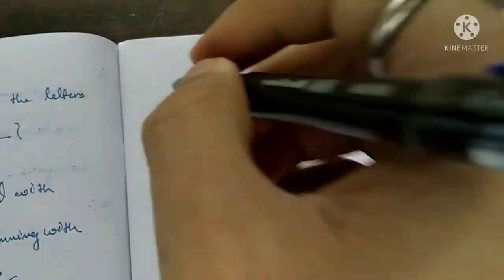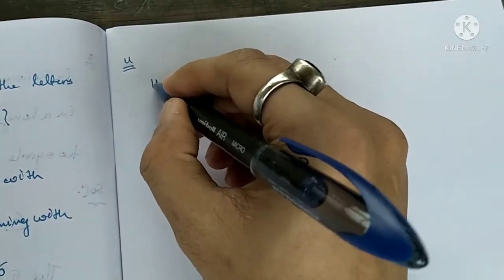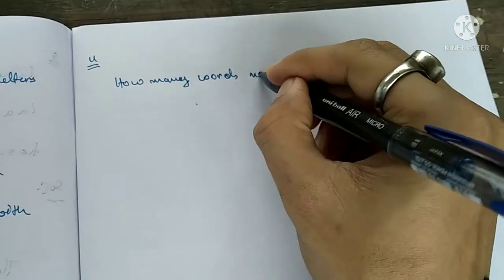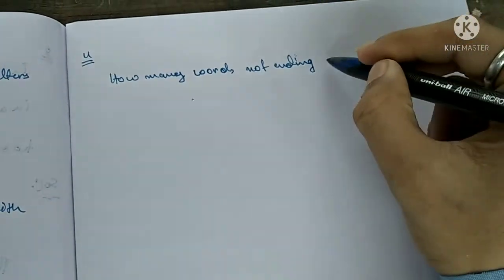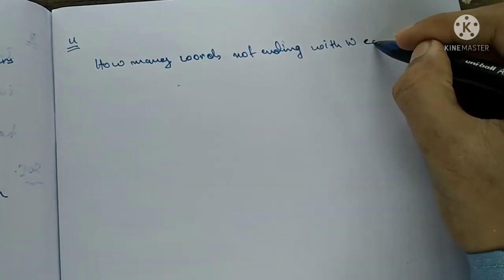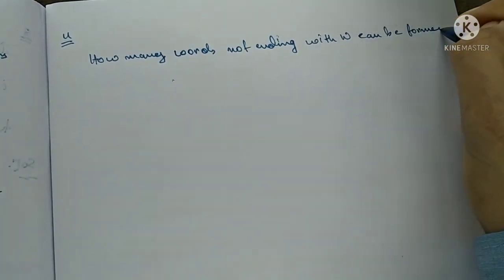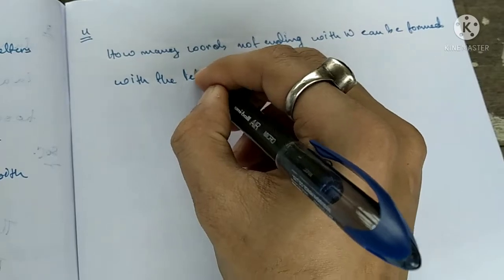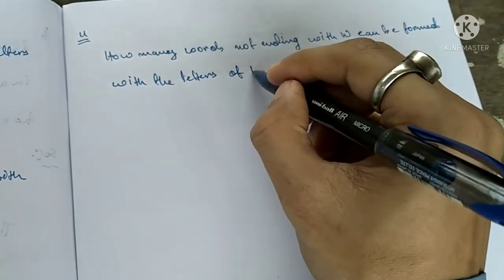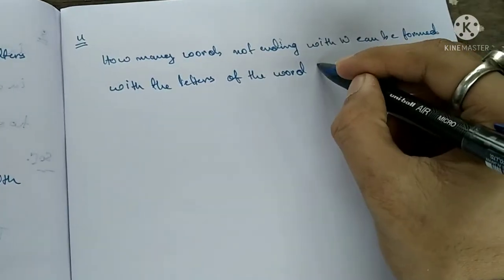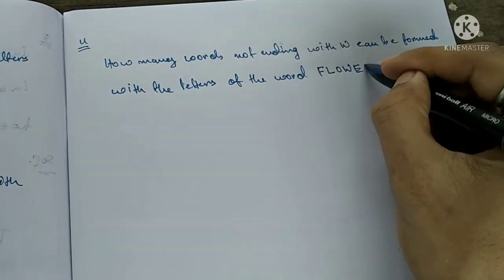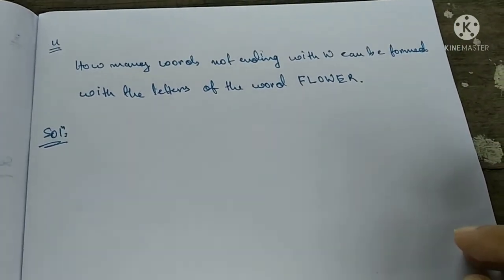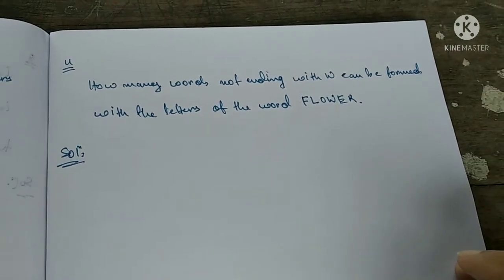Next, you see question number 11. Question number 11 is saying, how many words not ending with W can be formed with the letters of the word flower?